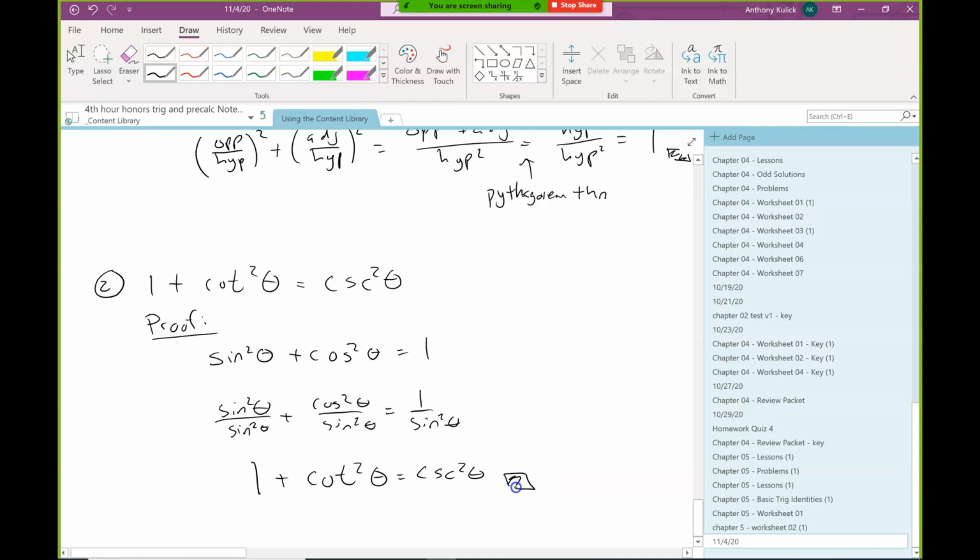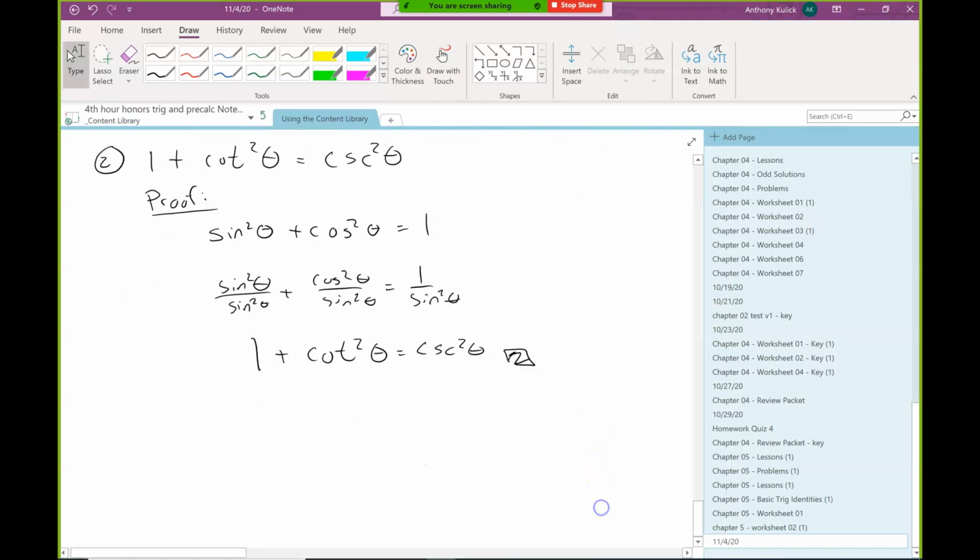And our last Pythagorean identity is tangent squared theta plus 1 is equal to secant squared theta. Again, let's prove that. I'm going to start with sine squared plus cosine squared equals 1, but this time instead of dividing both sides by sine squared, let's divide both sides by cosine squared.